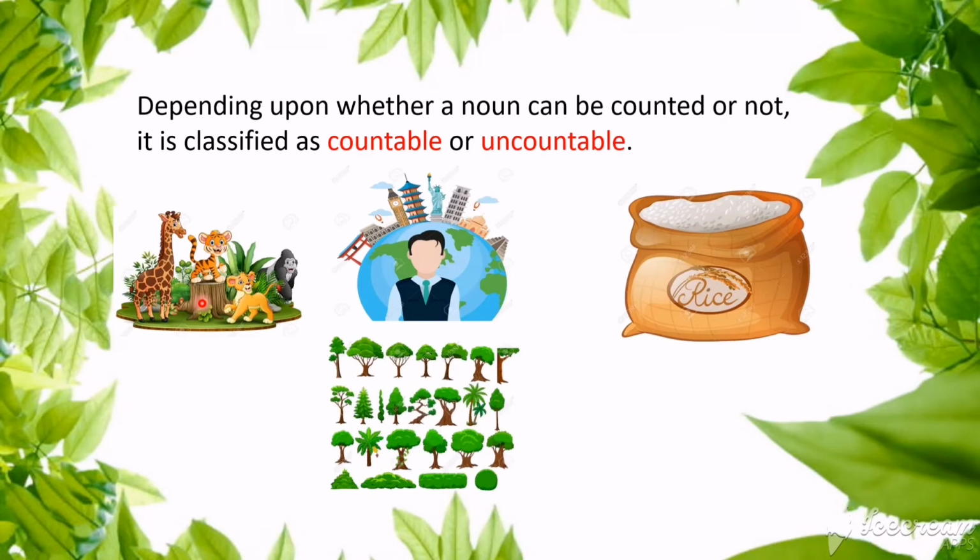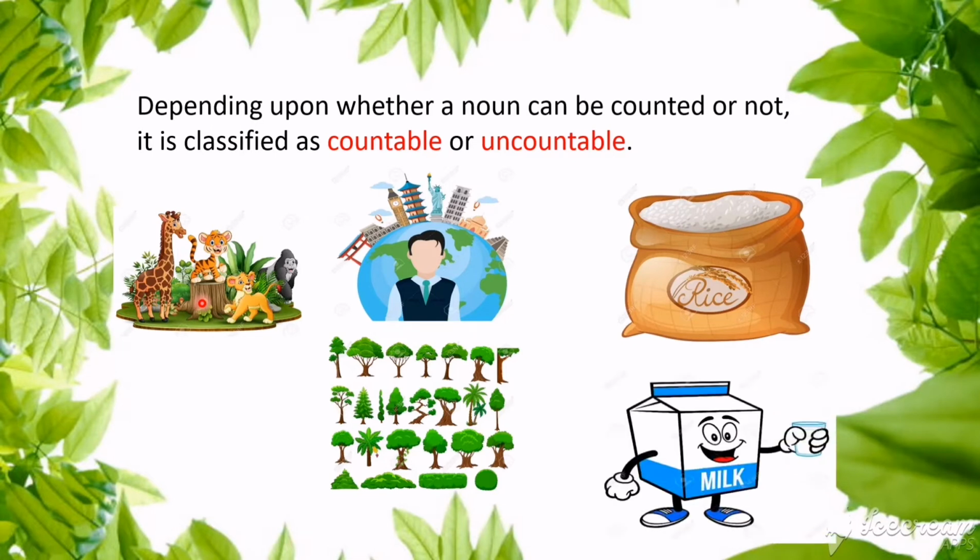Can you count trees and plants? Of course, we can count them. So they are countable. I think you can understand now what countables and uncountables are. Can you count milk, children? No. Milk cannot be counted. It can only be measured.